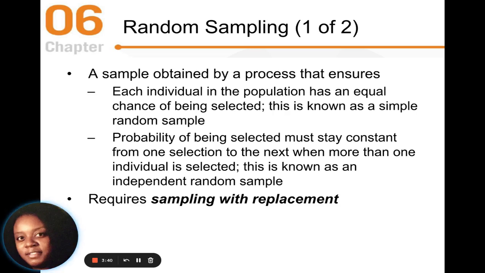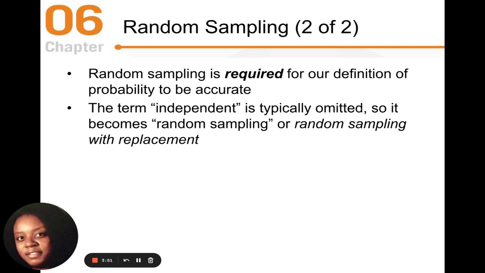So whenever we have a research study, we want to give every person in the study an equal chance of being chosen. Random sampling is required in order for our definition of probability to be correct. The term independent is often omitted, so it's usually called random sampling or random sampling with replacement.